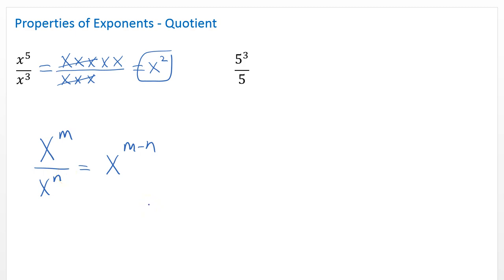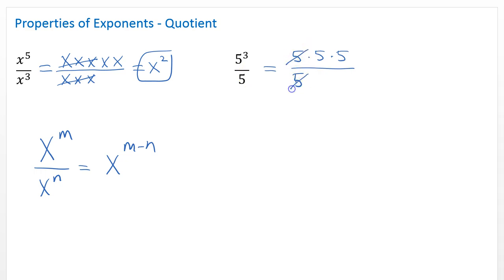But now, what happens when you have constants? What a lot of students want to do is just cancel this 5 and this 5, and that would give me 1. But we know that's not correct if we simply use the property that says 5 to the third is 5 times 5 times 5. In the denominator, that's just 5 to the first power, so that's one 5.